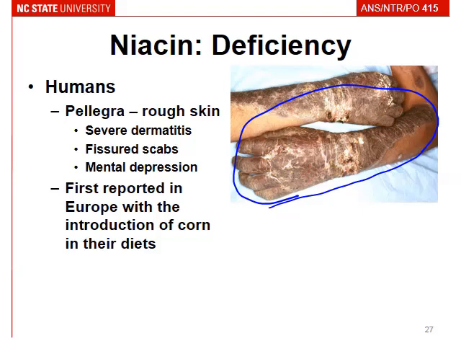Pellagra was first described in the 1700s. So this occurred in the 1700s, and this happened when we had Europeans come over to the Americas. We found or were shown this great product or crop called maize or corn, and they took that corn back to Europe, and those individuals that were consuming that corn product ended up getting this pellagra, these symptoms.